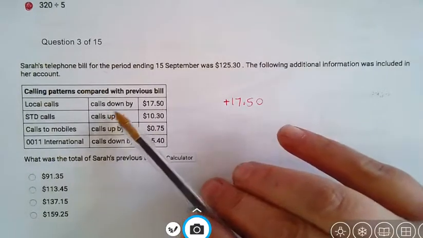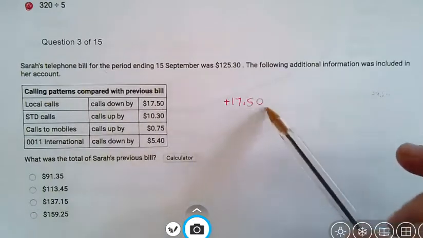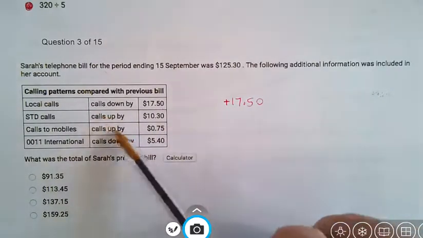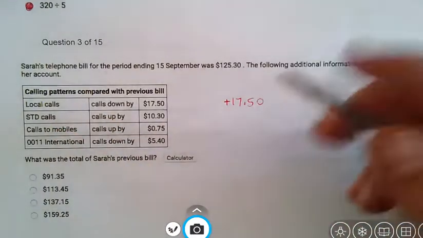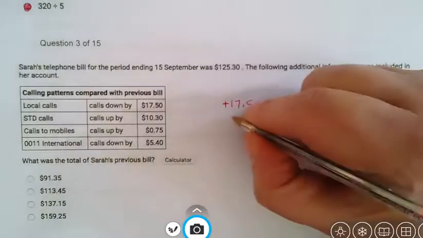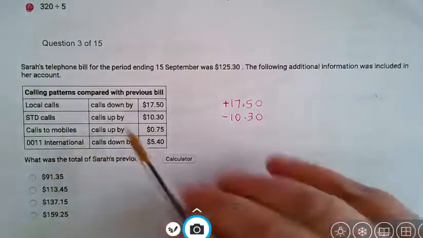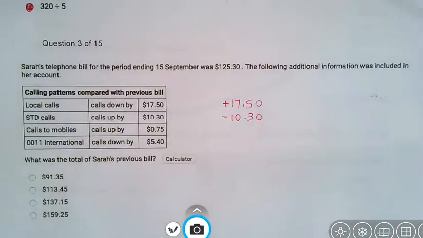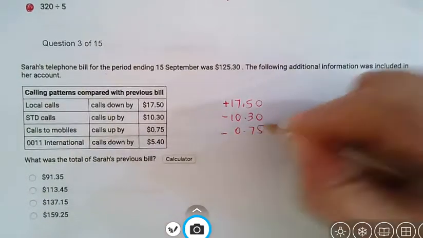If in this bill the calls were down by $17.50, the last bill the calls were higher by $17.50. If in this bill the calls went up by $10.30 for STD, last bill the calls were lower, down $10.30. If in this bill the calls to mobiles were up by 75 cents, last bill the calls were down by 75 cents.